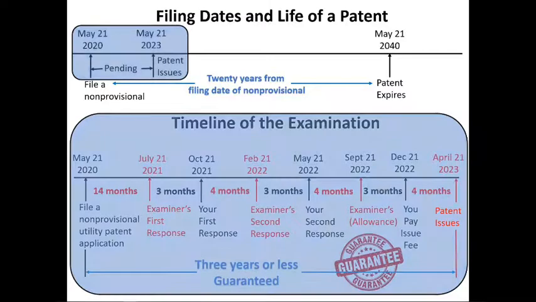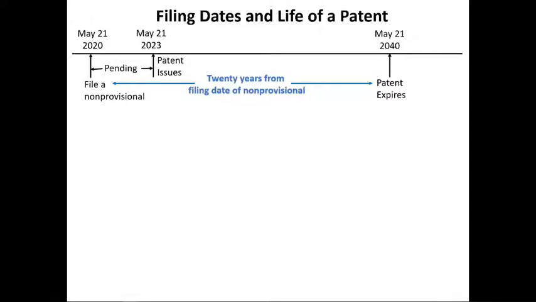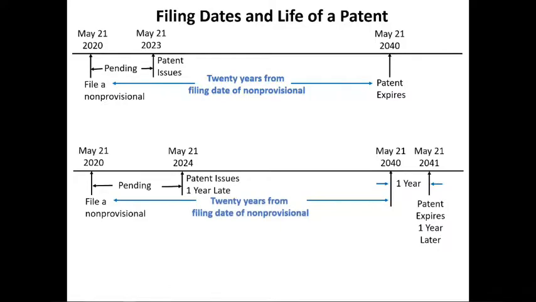Now, what happens if it takes them longer than 3 years to issue your patent? Let's say it takes 4 years to issue the patent rather than 3 years. Well, you don't get your money back with this guarantee, but what they do is they add the time that went over the 3 years to the end of the life of the patent.